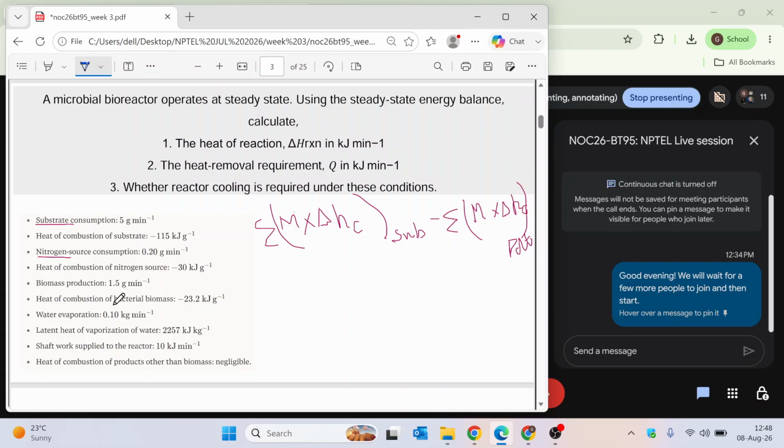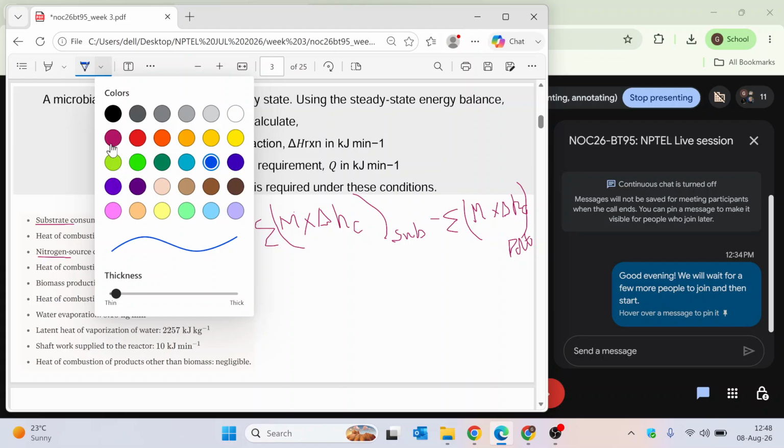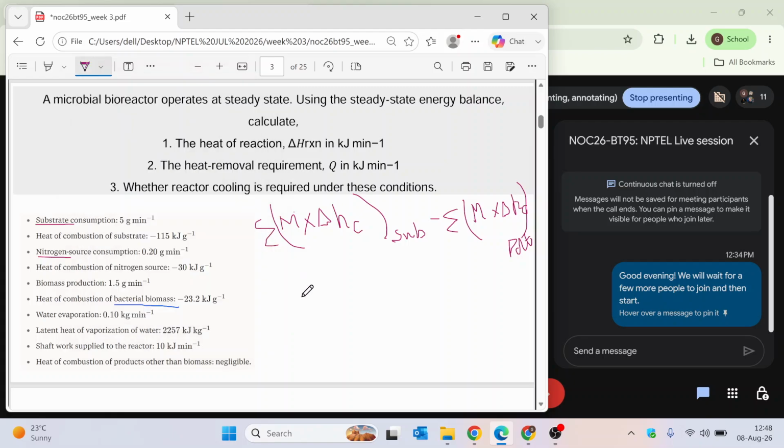Here the only product based on the data is the bacterial biomass. You have no other product, right? In that case you just have to multiply the factors, like 5 into minus 115 plus 0.2 into minus 30, and add these two, and then do the same for the product.